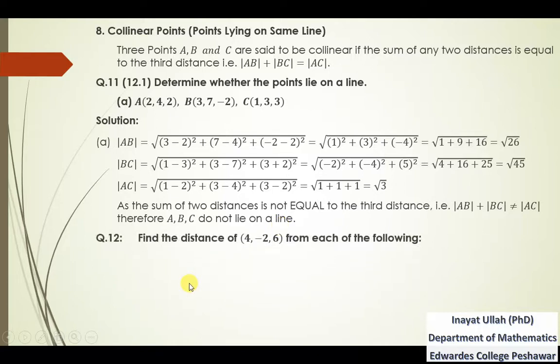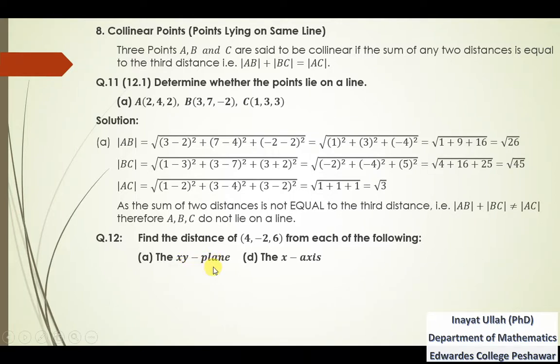Question number 12 of the same exercise, 12.1. The question is, find the distance of this point (4, minus 2, 6) from each of the following. I have taken part A and part D, so we may calculate the distance of this point from the xy plane.